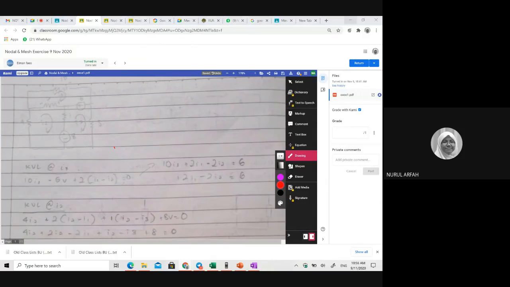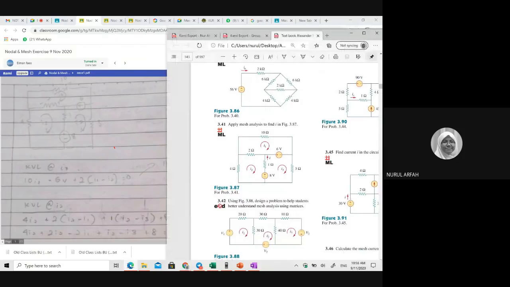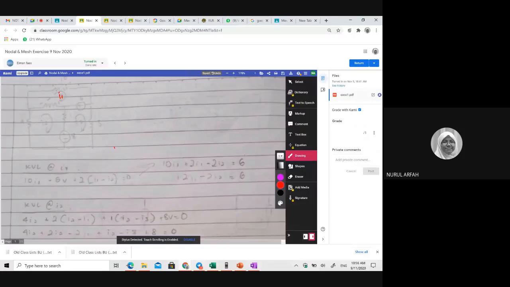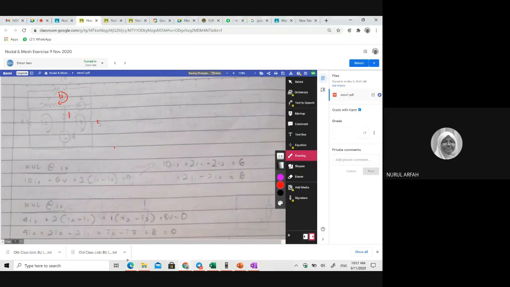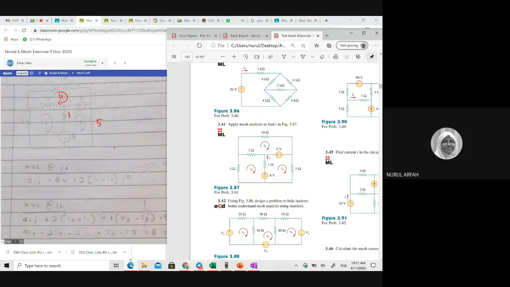Okay, at least I will check that your elements are all correct. This is I1. I can't see this, sorry, so I will just write it down. This is I1. I1, I2, I3, 8. This is 1, 5, 6. Right? 6, 4, I2 and I3.